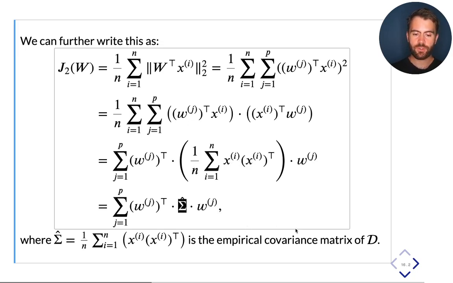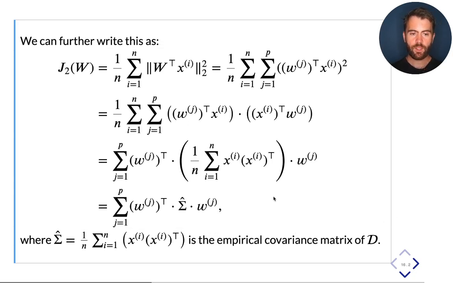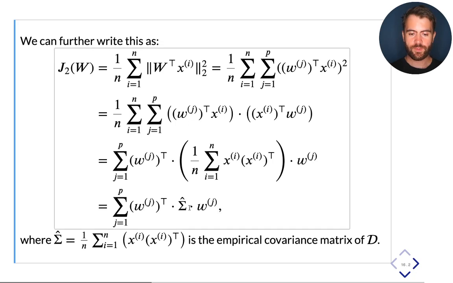This is a d by d matrix, and it also happens to be the empirical covariance matrix of D. So to summarize, this is a set of algebraic manipulations which starts with our variance objective and transforms it into a sum of p terms, where in each term we have this matrix sigma, and we're multiplying by w from each side. This is just a different way of rewriting the same objective.